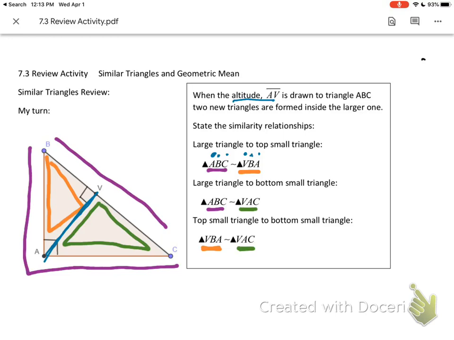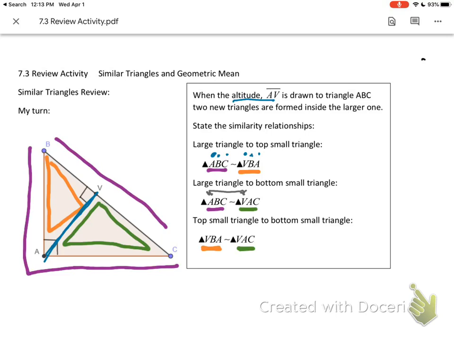Then we want to tie the large triangle to the bottom small triangle, the green outlined triangle. Again, I'm naming the large triangle ABC. Be consistent with that. I started naming the triangle with the right angle. So let me change color here. The right angle is A. The right angle in the green triangle is V. That's why they are both the first angles in our naming of the triangles.